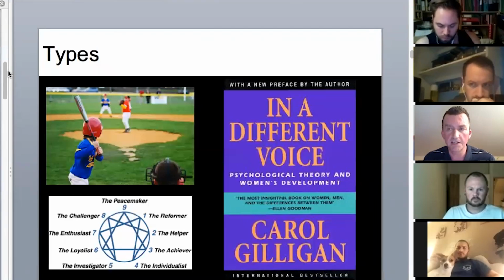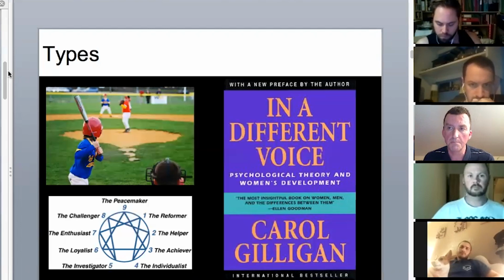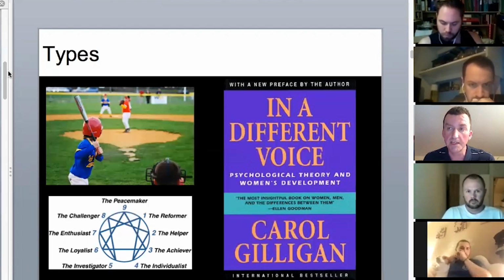And she was saying, I'm not sure that's right. And she started to do research on the testing facility itself. And what she found was that the tests were written in a male voice. And she gives an example to show the difference between male and female, or masculine and feminine thinking patterns.